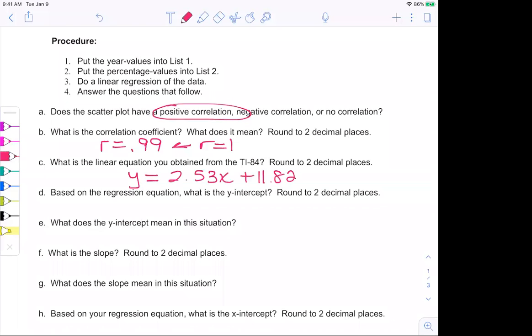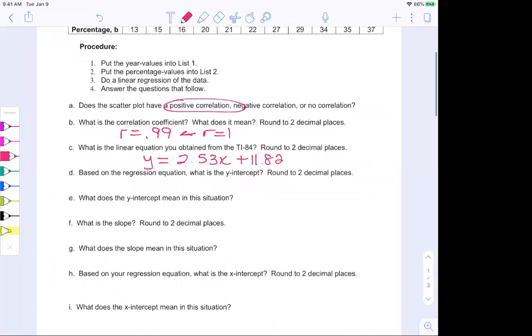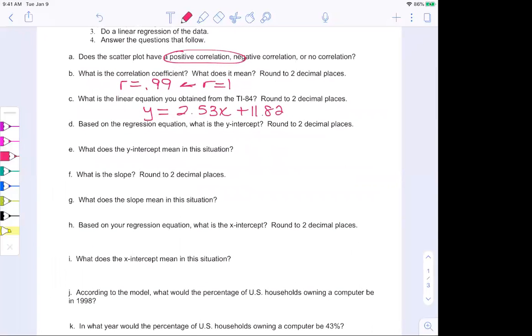So we have our slope, we have the y-intercept. I'm going to skip down a couple of questions and look at letter G, where it says, what does the slope mean? I know I'm skipping a few, but a couple of people were asking about questions later down the line.